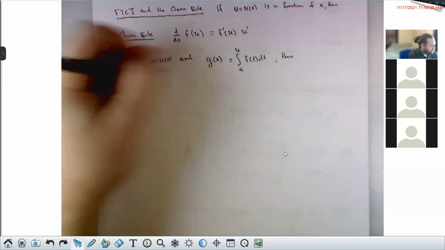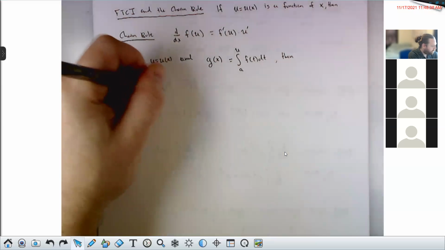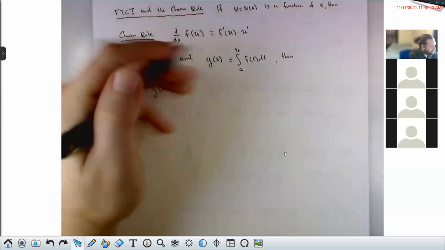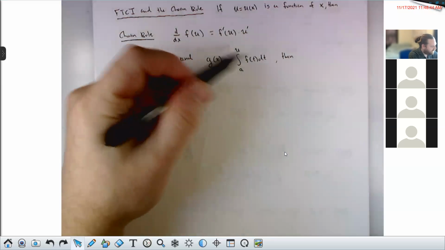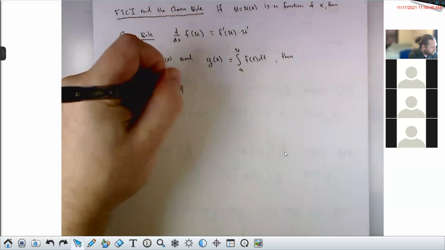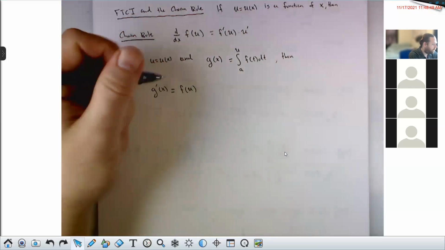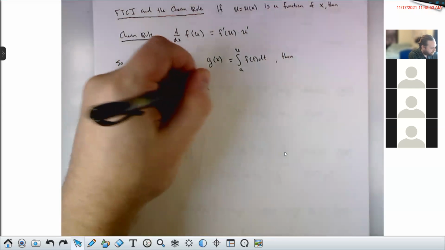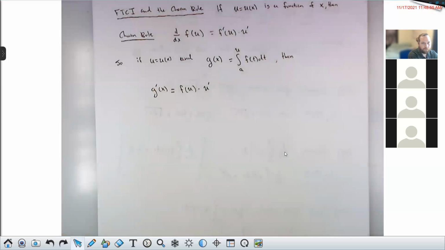And that means that g primed of x would be the derivative of the outer with the inner left alone. That would be f of u times the derivative of the inner, which would be u primed.